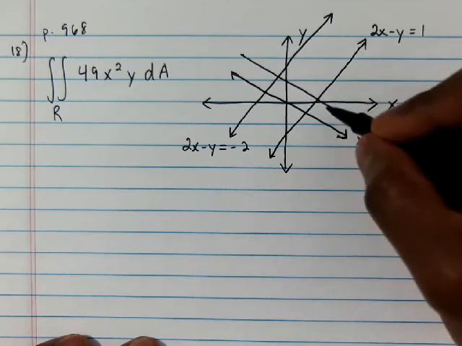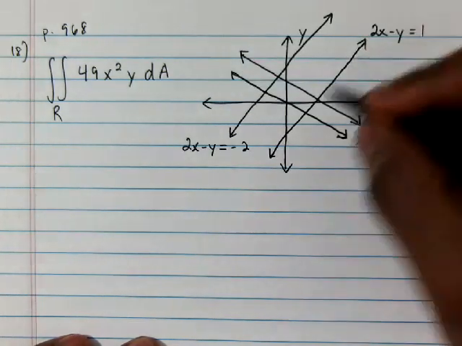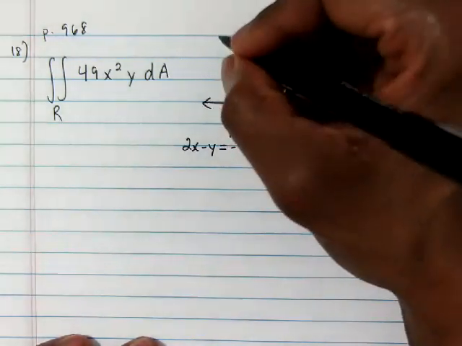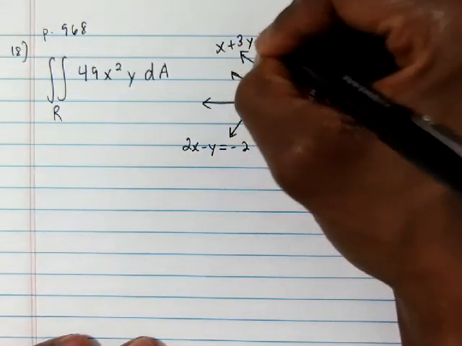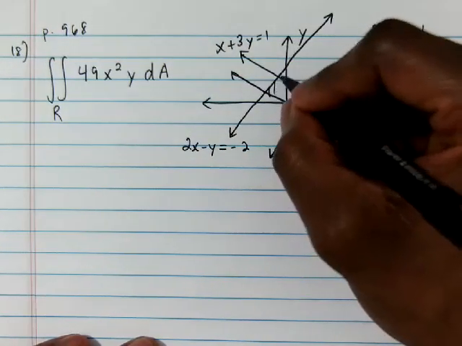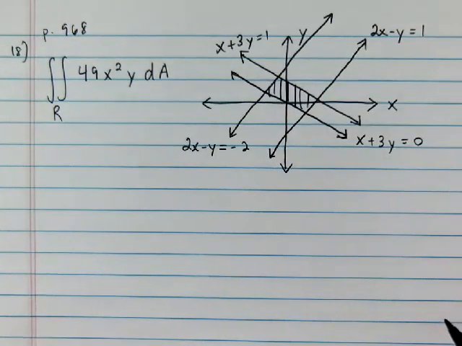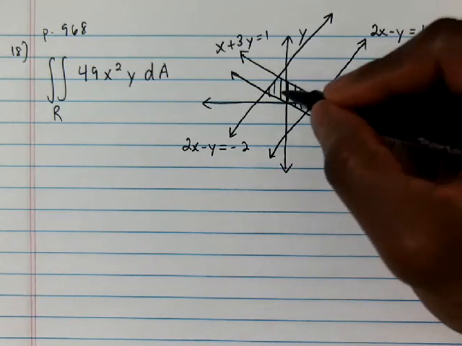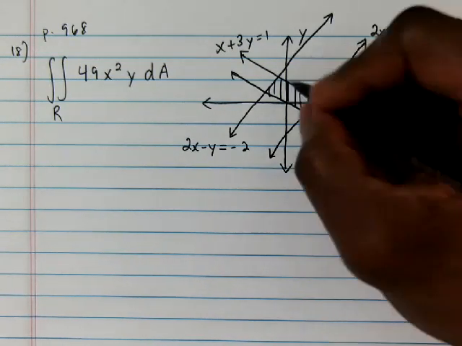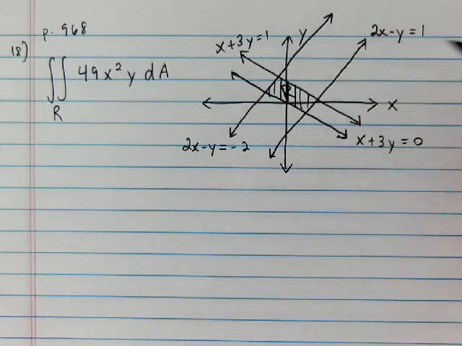These probably aren't crossing in the proper places, but we just want to get an idea of what this looks like. So our region R is that region right there, which we notice is neither a type 1 nor a type 2 region. If we wanted to make it either type 1 or type 2, we'd have to split it up into multiple regions. This one looks like you have to split it into 3 regions. Might be the only way to do that one. All right, so that's our region R.